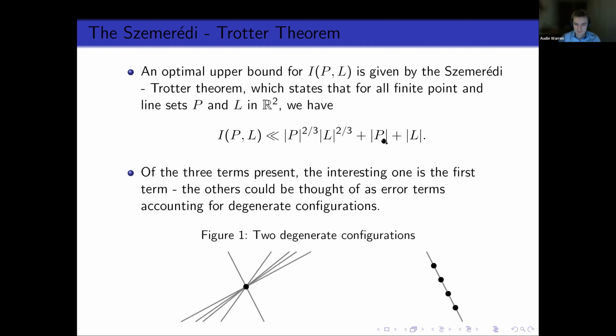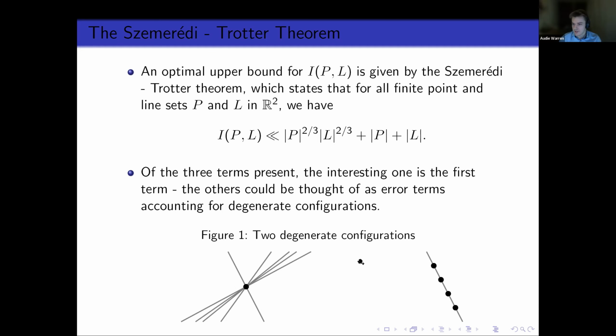Let's look at the |L| term first. This really deals with degenerate configurations where you have, say, one point and all of your lines pass through that one point. Here the size of our point set is only 1, so our leading term doesn't give us enough incidences. We really have |L| incidences here.